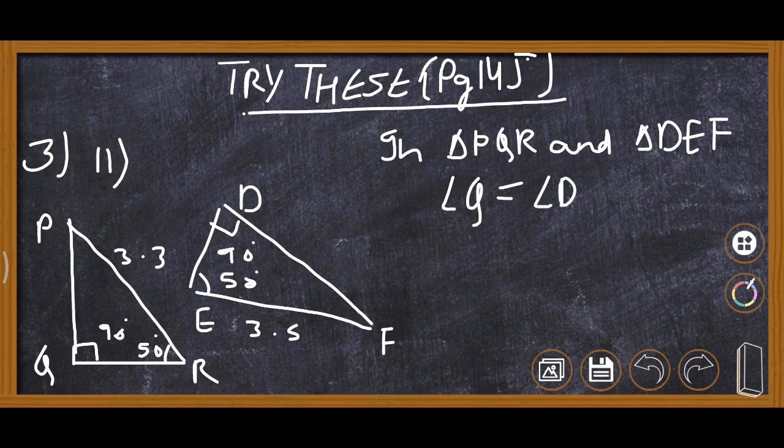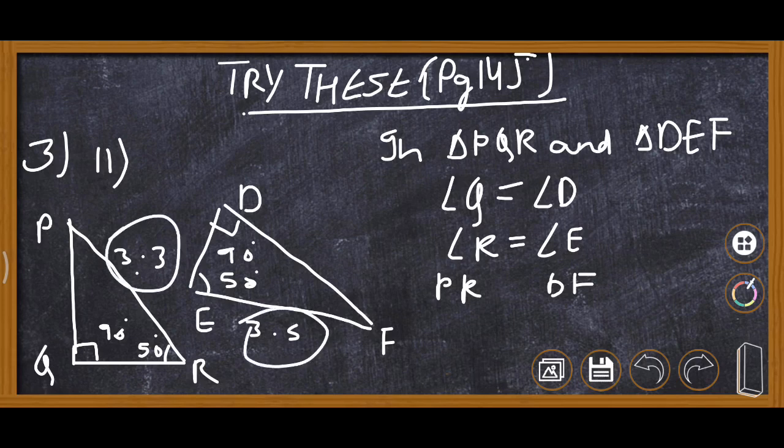Angle R and angle E are equal, both are 50 degrees, but the sides PR and DF are not equal, as this is 3.3 and this is 3.5.